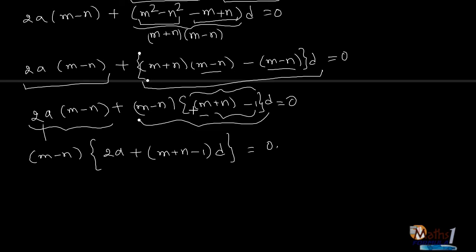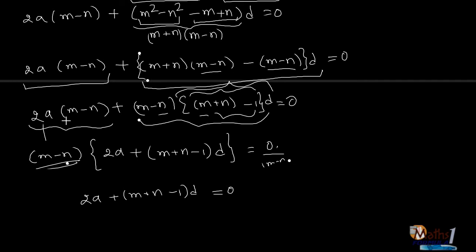Remember, if I have taken out this one, I have to write this entire thing with d, whatever is left, m − n is left. So now I cannot treat this as 0, so if I even transpose this, this will become 0 divided by m − n. Automatically this gets cancelled. So what is left? [2a + (m + n − 1)d] equals to 0.